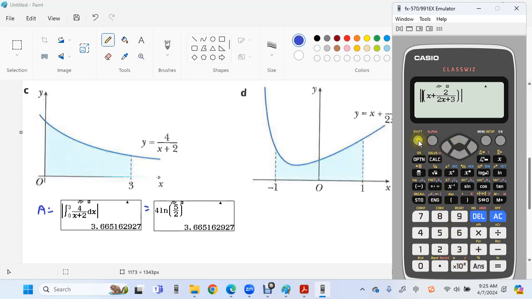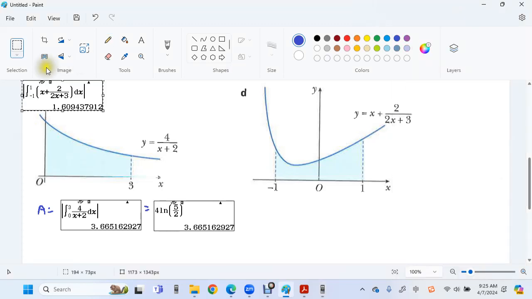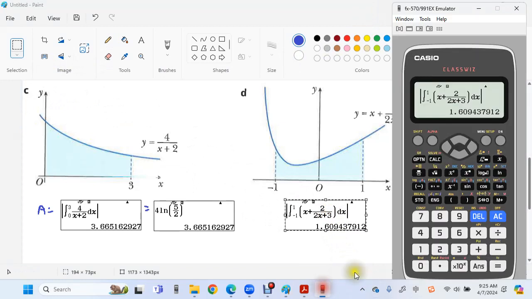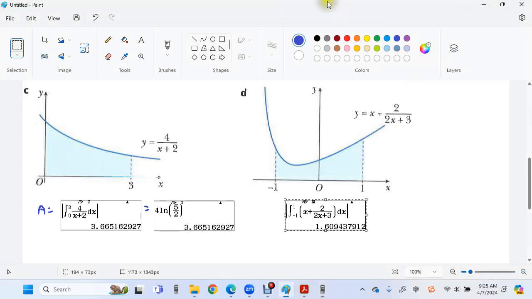In front of this, I press shift insert. You can see that the cursor changed to this, and then I write the integration. So this whole thing is inside the integration already, from -1 until 1. Okay, so the answer is 1.609, and this is ln 5. Yes, correct. So this is the area.